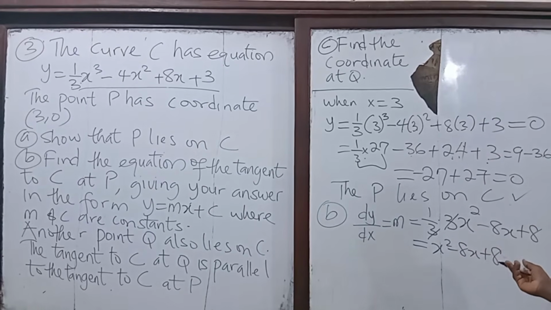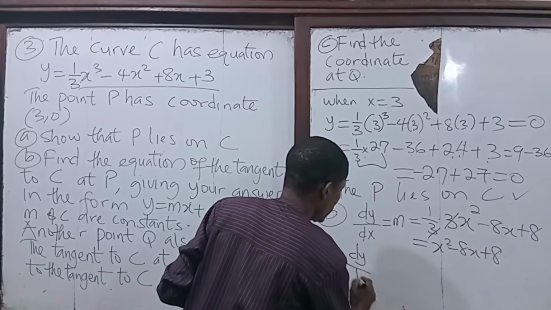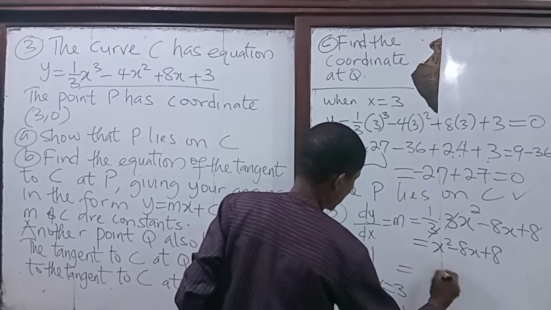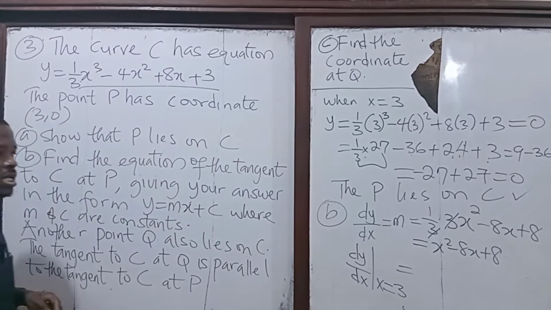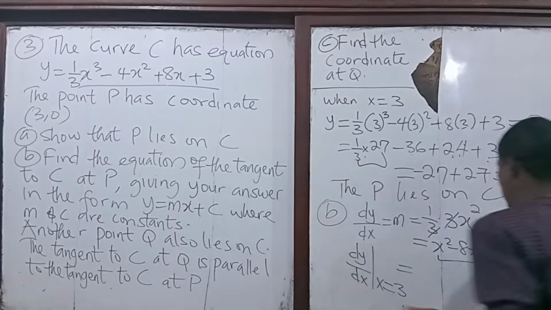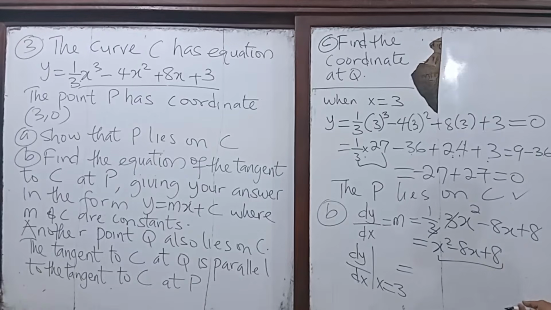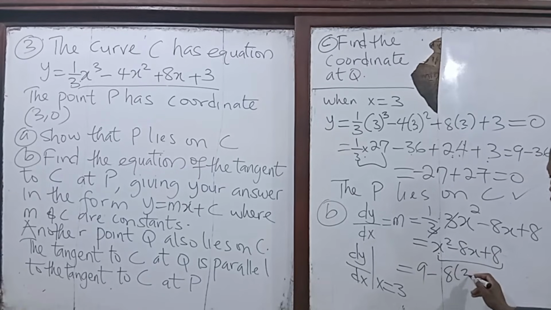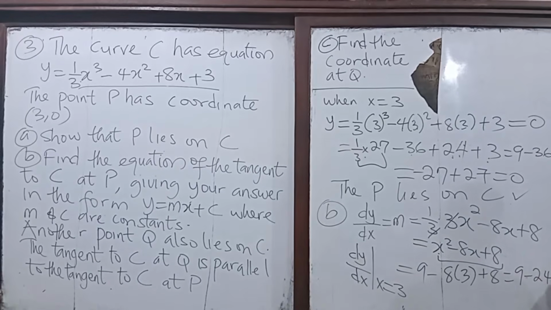Then we need to get the gradient at this coordinate. x equals 3. Get the gradient at that point. Because in this equation there is no y, we only have a function of x. Just substitute x equals 3 into this equation, and that will be 3 squared, that's 9, minus 8 times 3 plus 8, that's 9 minus 24 plus 8.